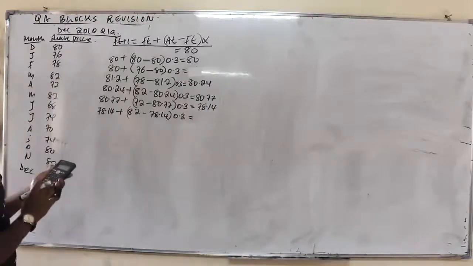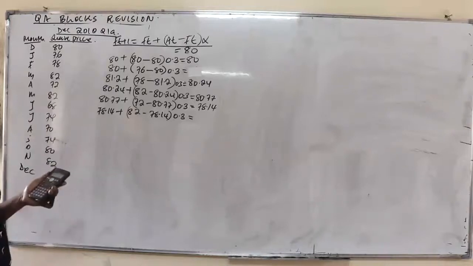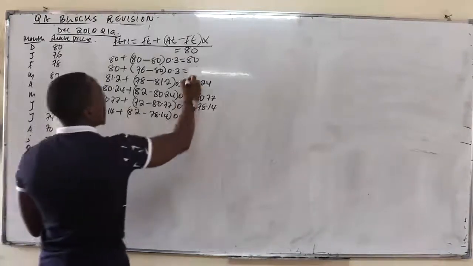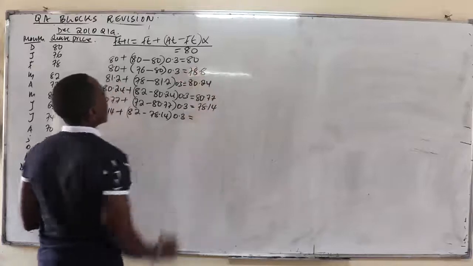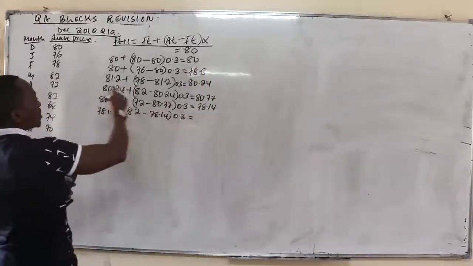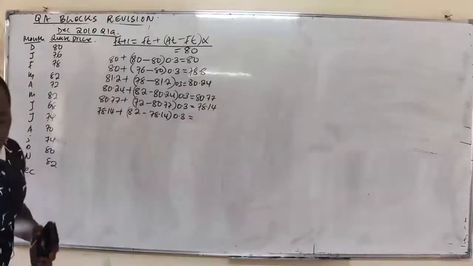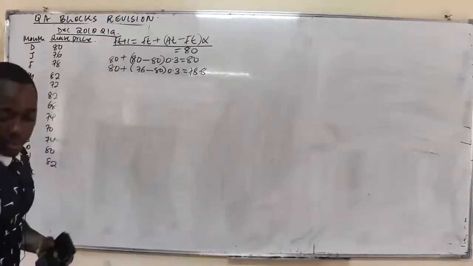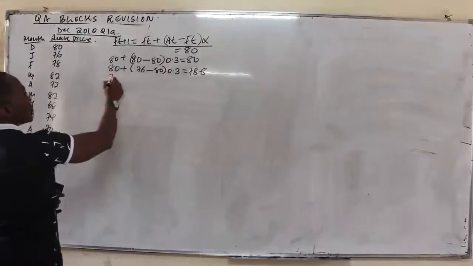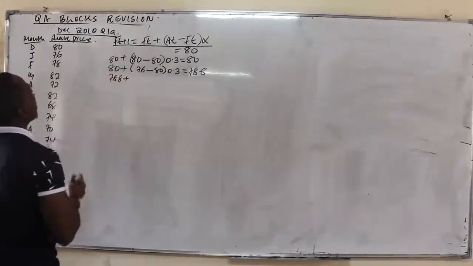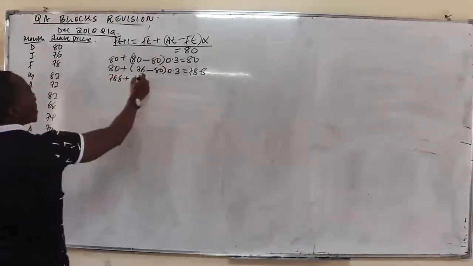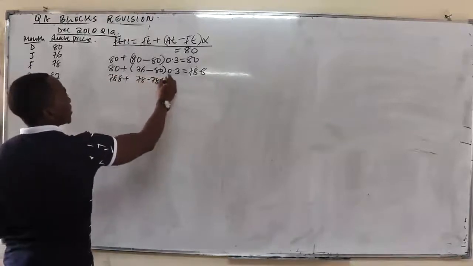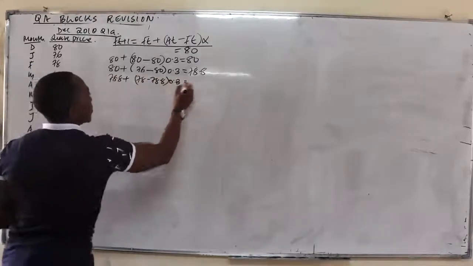So it's 80 minus 1.2, it's supposed to be 78.8. If that changes, it will change this, so that means this one will be 78.8. Then you take 78 minus 78.8, times 0.3.